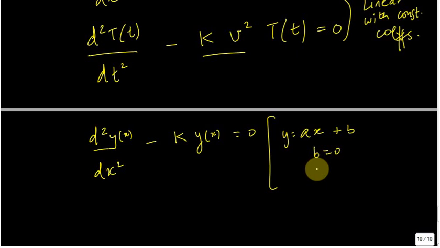When x is equal to L, then it's a times L. L can't be 0, so a has to be 0, which means that the solution is y is equal to 0. If y is equal to 0 I don't have any displacement, which means that there is no wave.